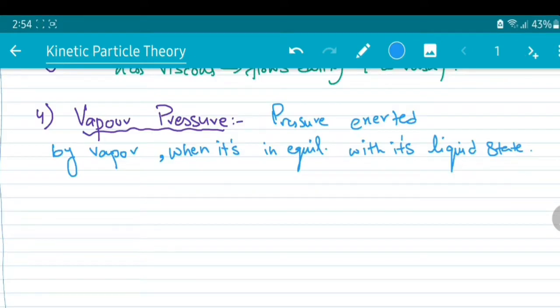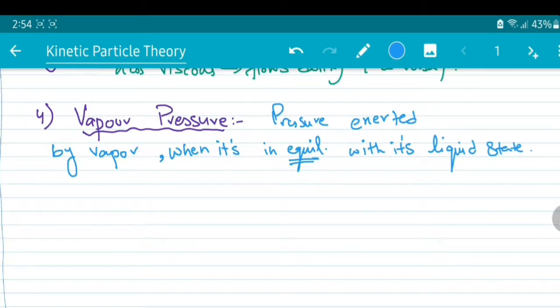Our fourth physical property is the vapor pressure. It means the pressure exerted by the vapor when it's in equilibrium. Remember, we will be looking at equilibrium and those topics in our further classes.